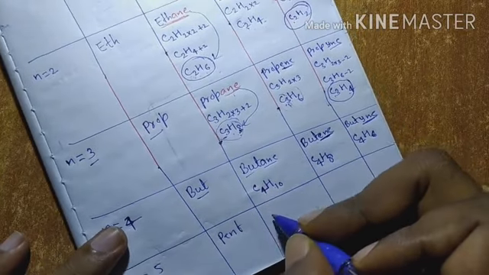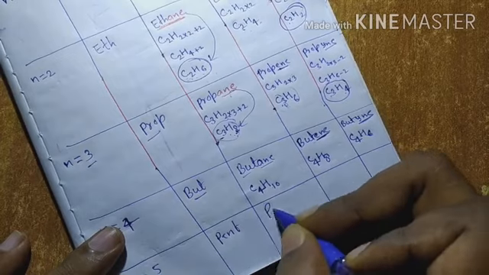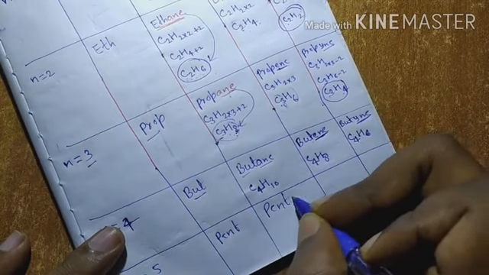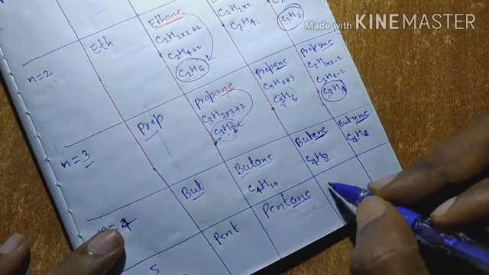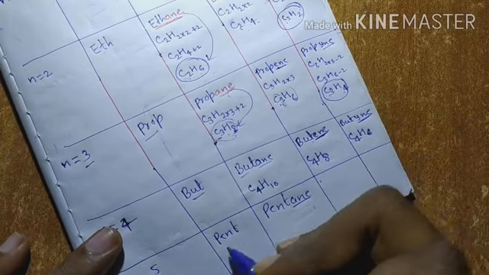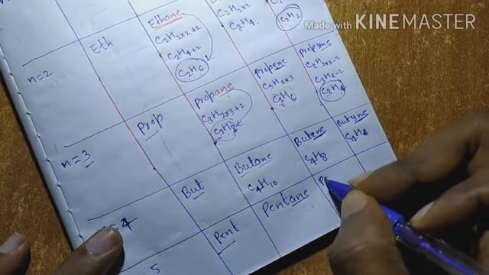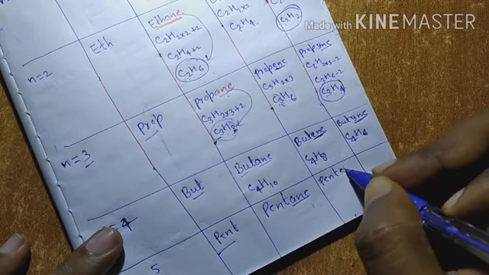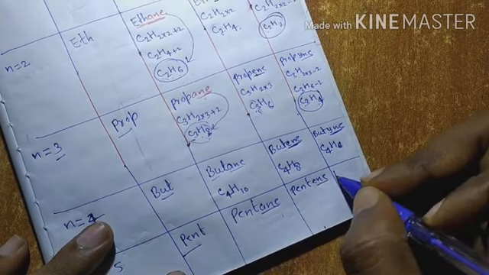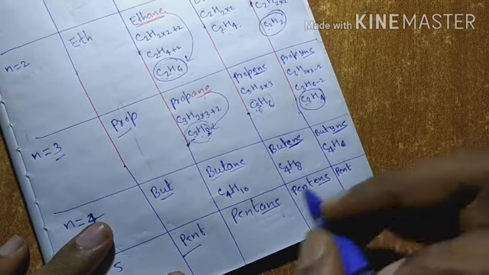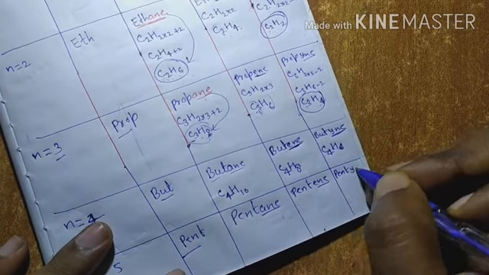Alkane will be pent, add suffix ane, pentane. In case of alkene, write the root word pent, add suffix ene, pentene. In case of alkyne, write the root word pent, suffix yne.